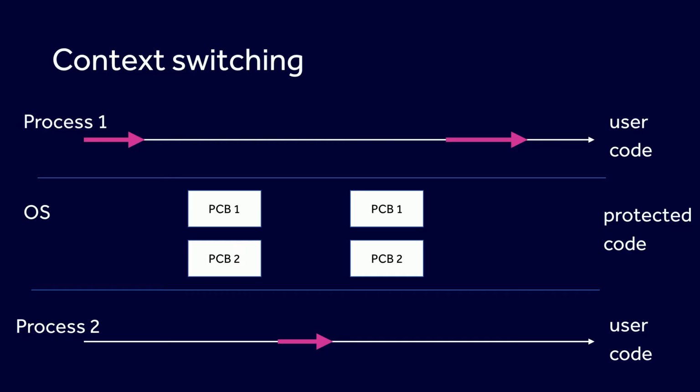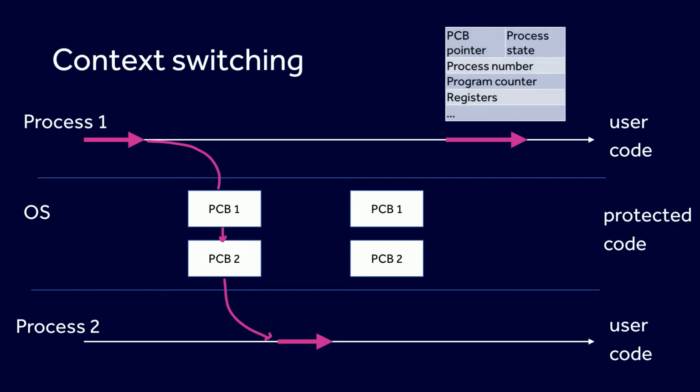And as we do that, we're going to save the state of process 1 into a program control block. Then we're going to load the state that is appropriate for process 2, from its program control block. We're going to switch across, and then we'll switch back again when we're finished. So the program control block varies from operating system to operating system.